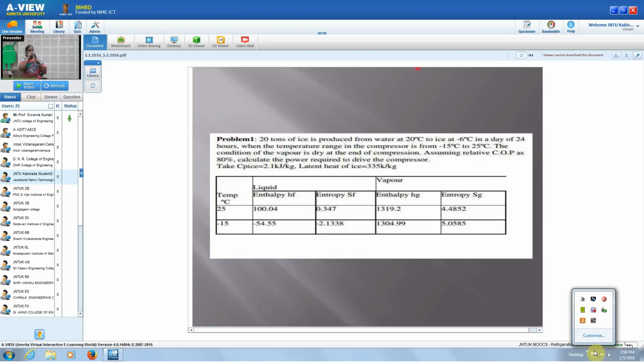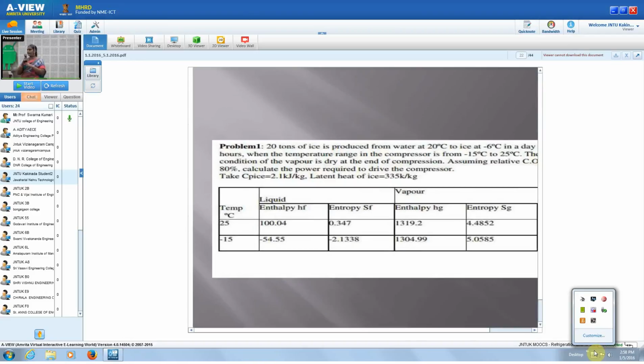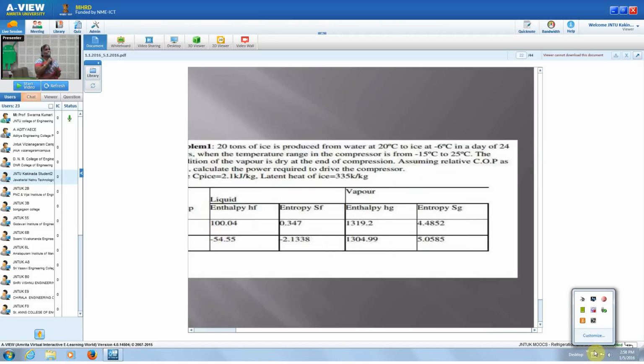Note down this problem. 20 tons of ice is produced from water at 20 degrees centigrade to ice at minus 6 degrees centigrade.